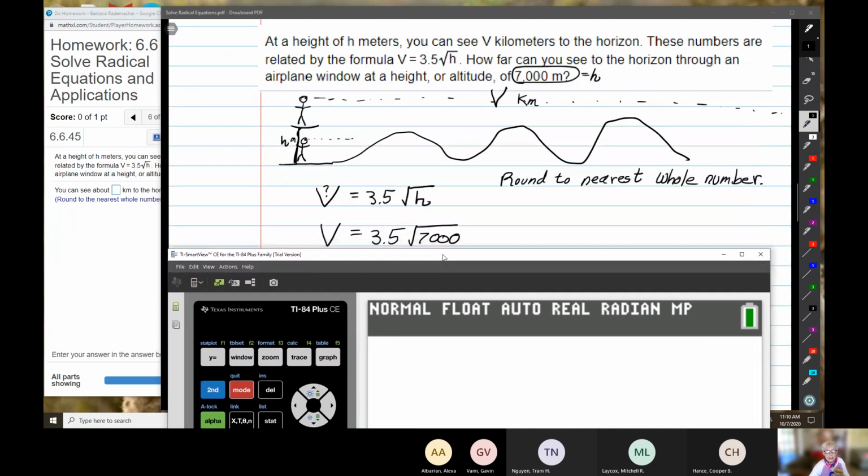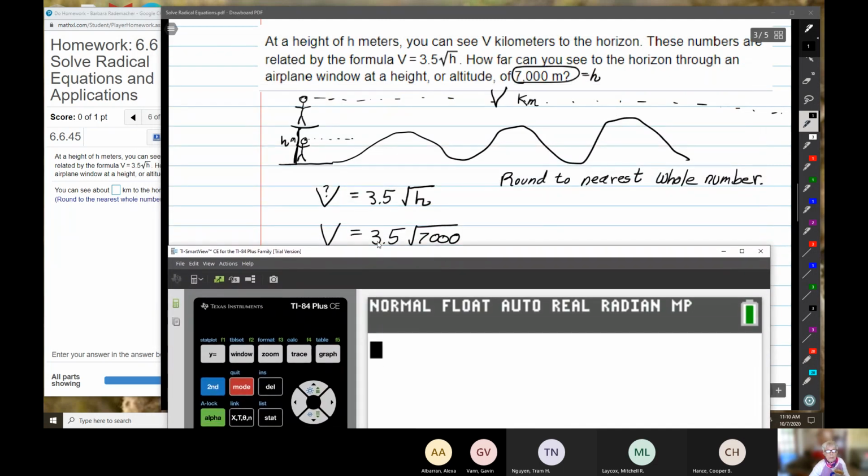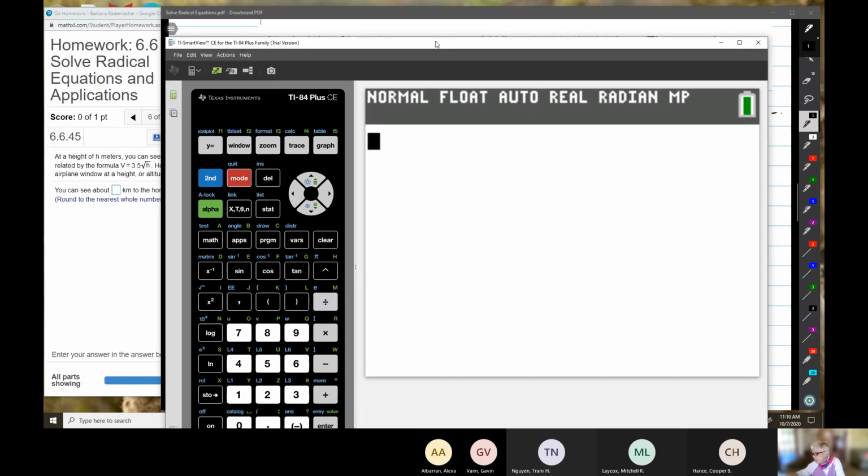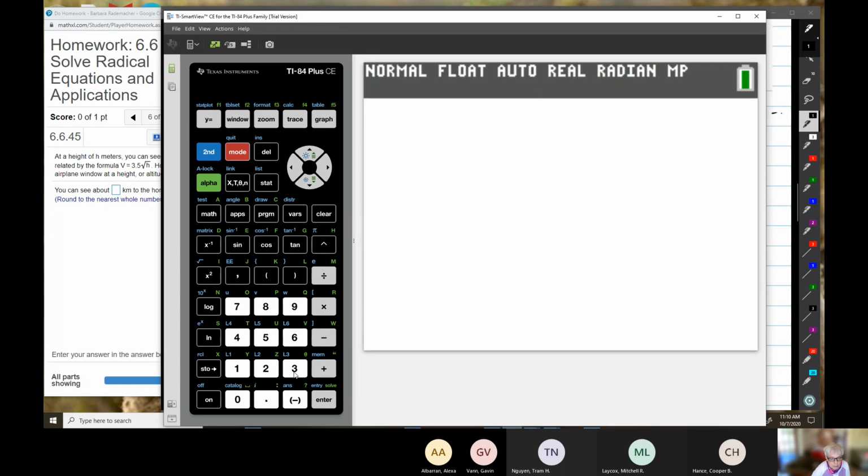So now, this is what I want to do. I want to multiply 3.5 times the square root of 7,000. So here we go. Pull that up some. Clear, my favorite button.